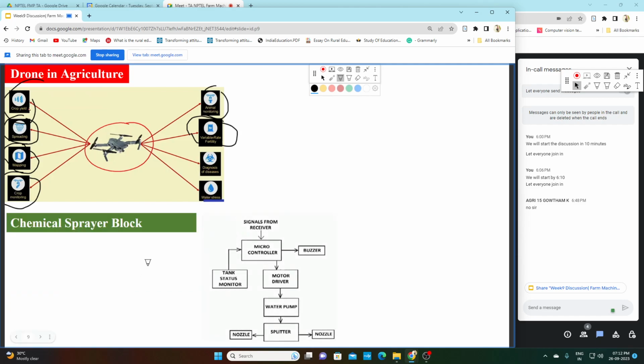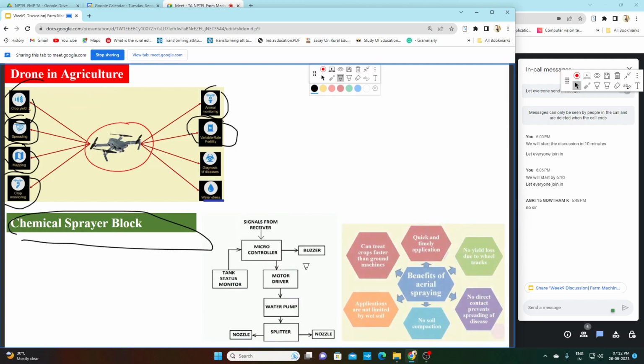But as we are studying spraying, we will be focusing our discussion on drone related spraying. So how will the drone spray? Your drone will fly over your plants, and there will be some kind of index. The drone will collect the data, and your microcontroller will calculate some kind of index, like NDVI, normalized difference vegetation index, that we will discuss in the next slide.